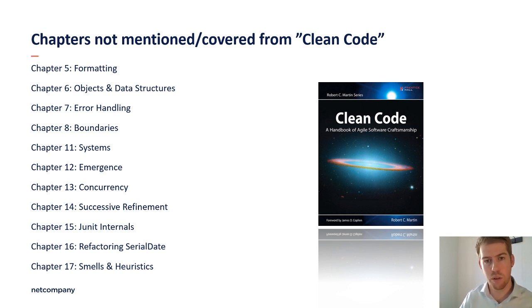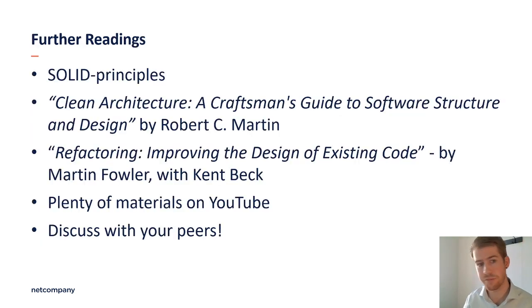There is also some Java-specific stuff, like JUnit. And the final chapter, chapter 17, is a long list of smells and heuristics, indications that the code is in a bad state. It can be interesting to at least look at it and check if this is true, then we should probably refactor it.